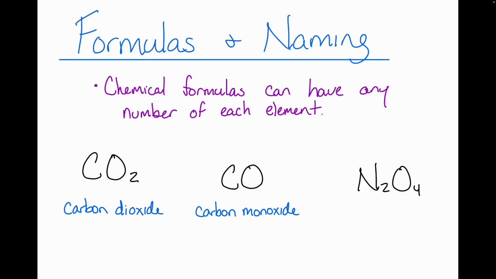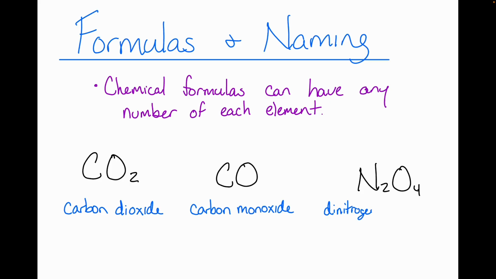This is perfectly legal here. So again, these subscripts can be any number we want them to. If I'm going to name this thing, again, this isn't one that I would expect you to know, but we're going to know it here. This is dinitrogen tetraoxide.